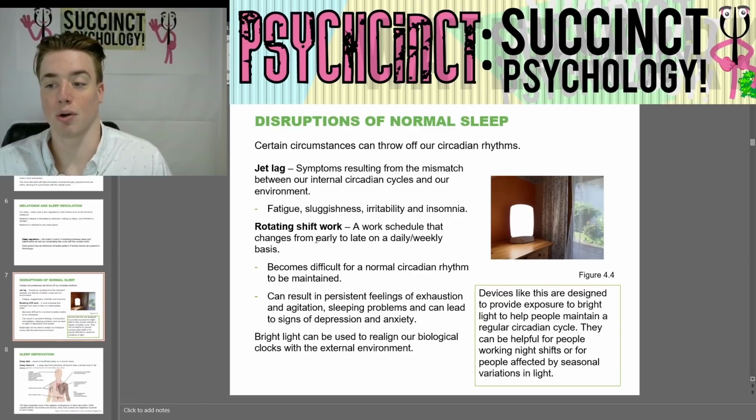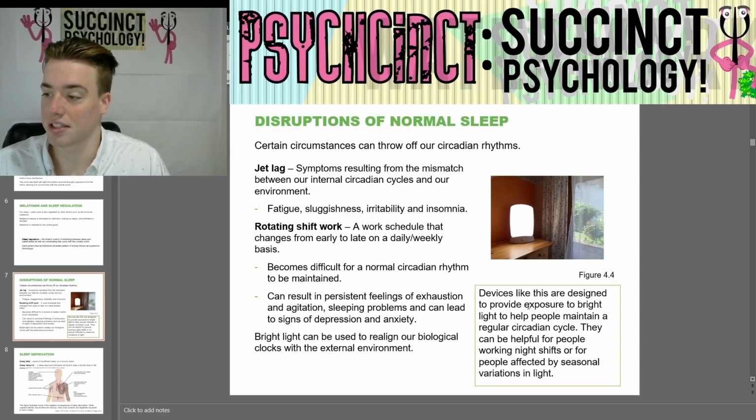Next we have rotating shift work, a work schedule that changes from early to late on a daily or weekly basis. It becomes difficult for a normal circadian rhythm to be maintained, and it can result in persistent feelings of exhaustion and agitation, sleeping problems, and can lead to signs of depression and anxiety. Bright light can be used to realign our biological clocks with the external environment.